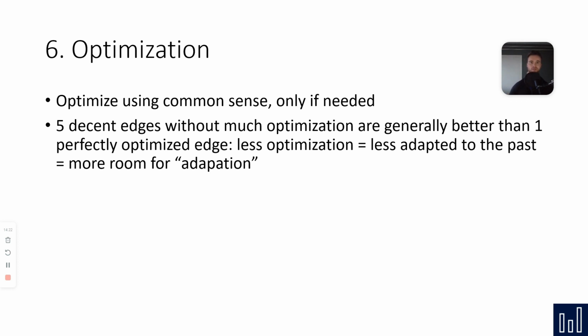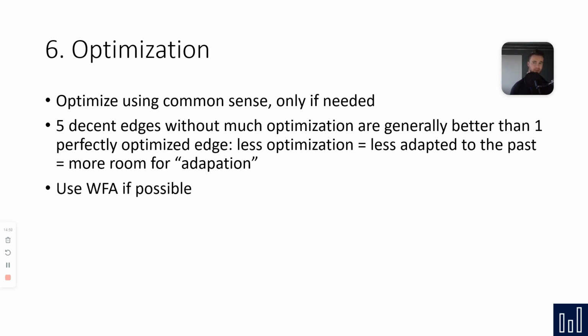So if you fit your strategy perfectly and find the best parameters for the last 5 years, there's a very high chance these are not going to be the best settings for the next 5 years. If you do a robustness test, but you don't cherry pick the best settings, and you don't even optimize that much at all, you leave more room for adaptation in the future. In other words, your strategy isn't perfectly fit to the past, and therefore there's more room to ride with the waves of the markets, as you will. So that's really important.